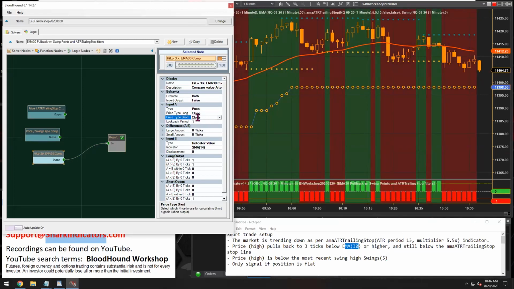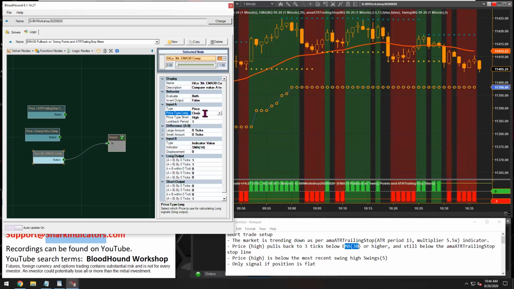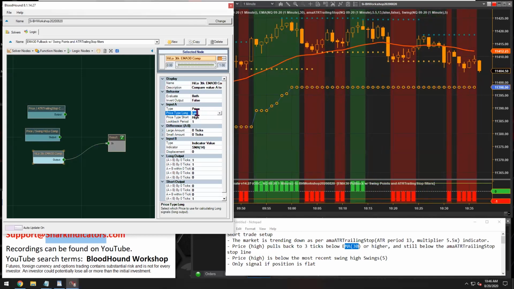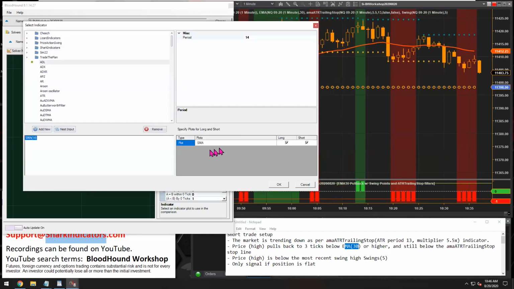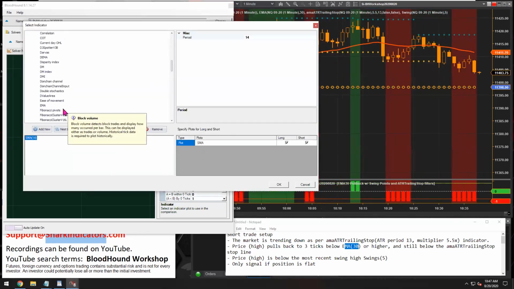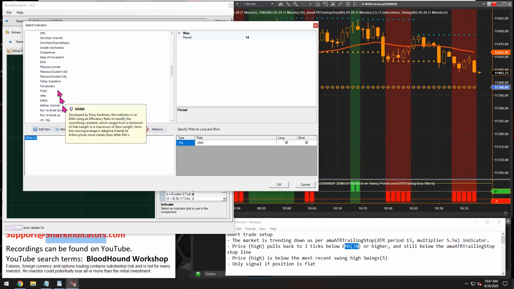For a short, we are using the high price, and for a long, we're using the low price. Let's put in our 3 tick difference here. Then input B is going to be the EMA 30, so let's put that in. There we go, EMA. Let's change it to a 30 period.